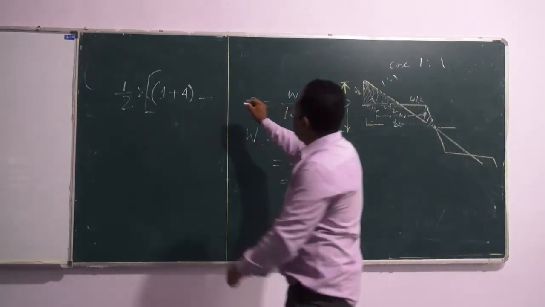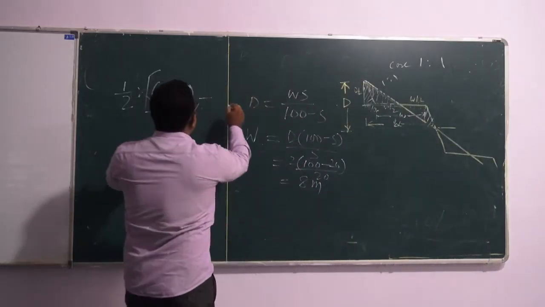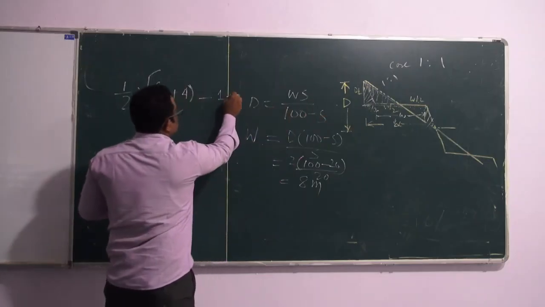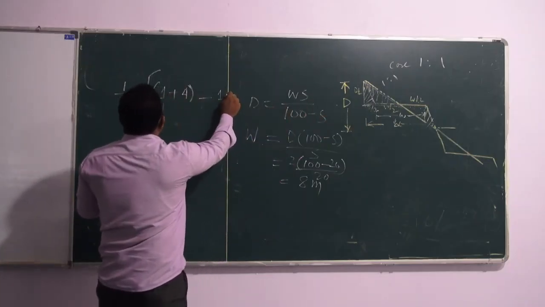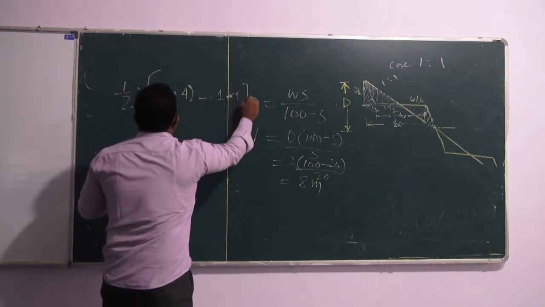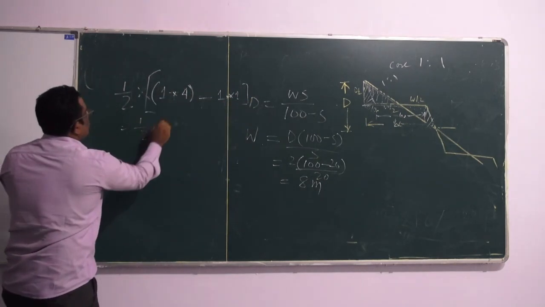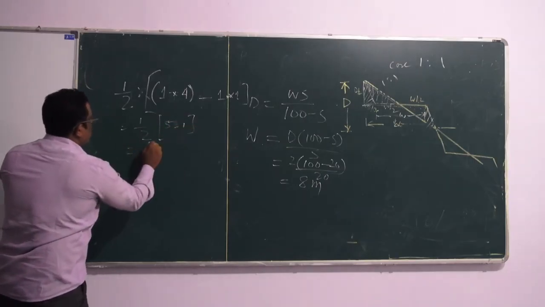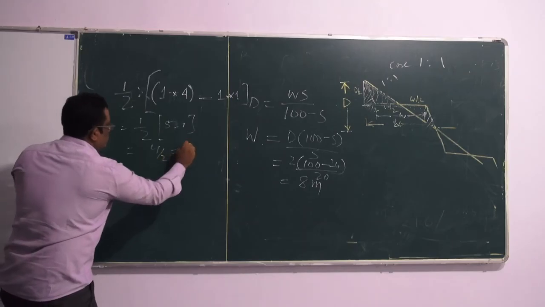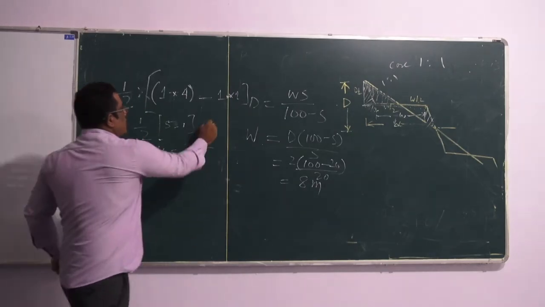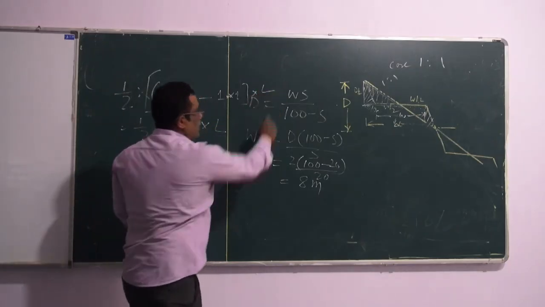This base is d by 2, that is 1, and the depth is also 1, so half into 1 into 1. So this will be half into 5 into 5 minus half into 1 into 1, that is 4 by 2, 2 square meter. This is your cross-sectional area.